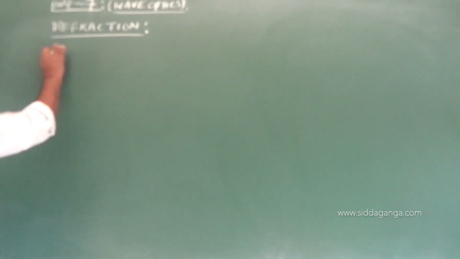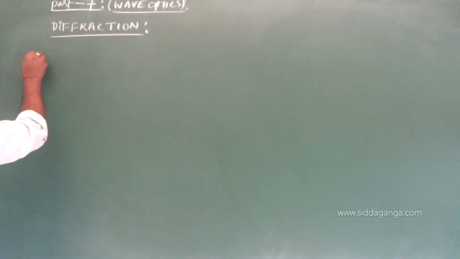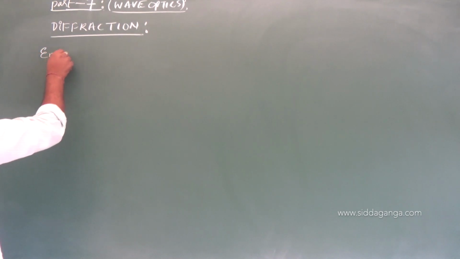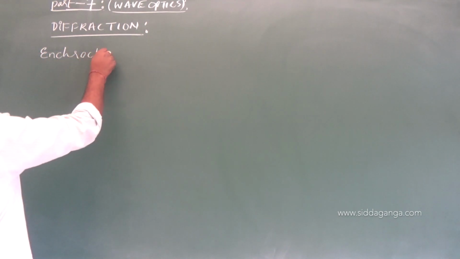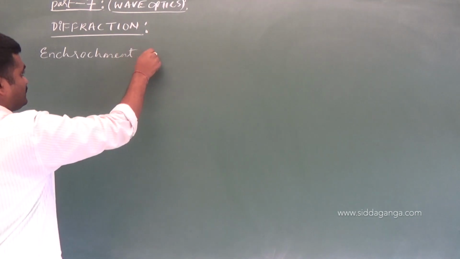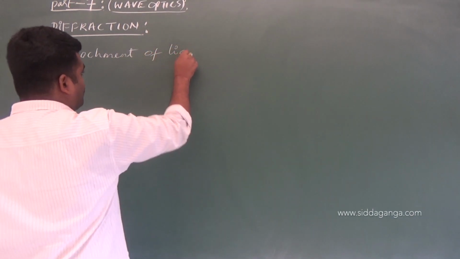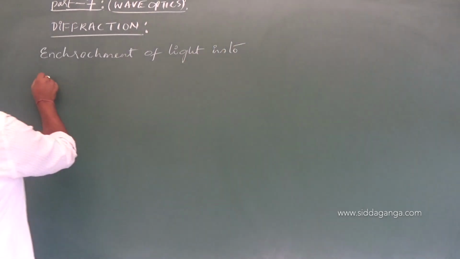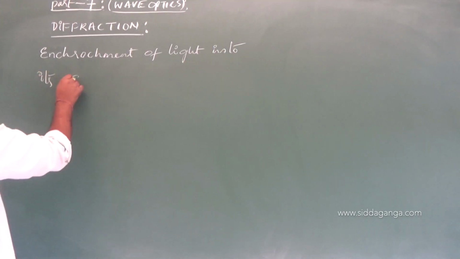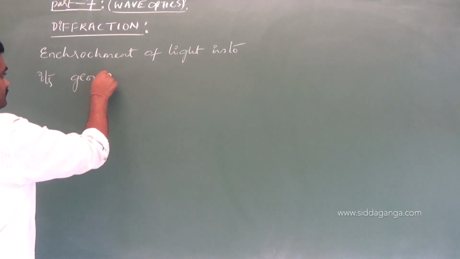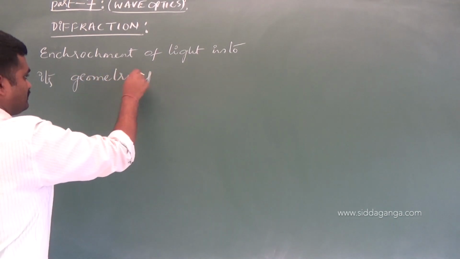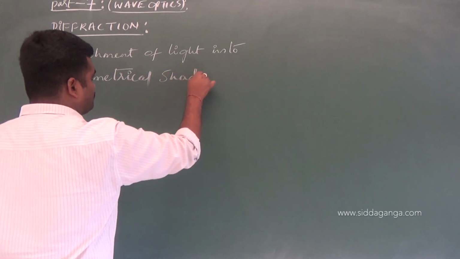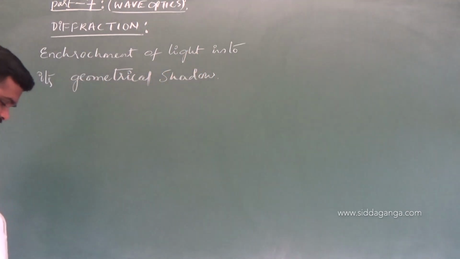I am going to write the definition. It's the encroachment of light into its geometrical shadow, that itself we used to call diffraction.